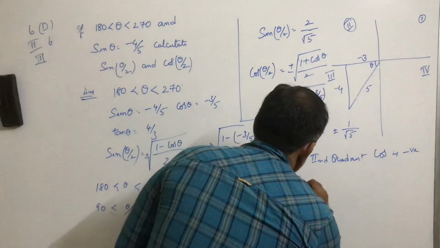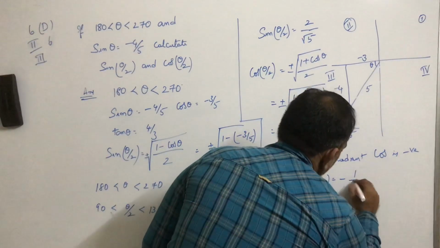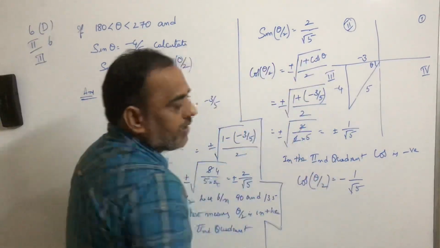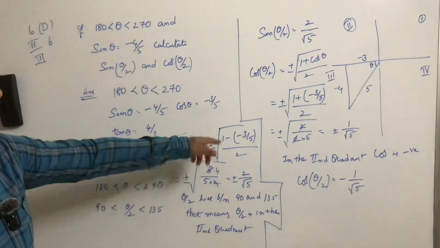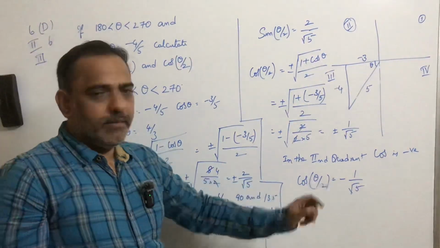So cos theta by 2 equals minus 1 by root 5. In this way we calculate sin theta by 2 and cos theta by 2.